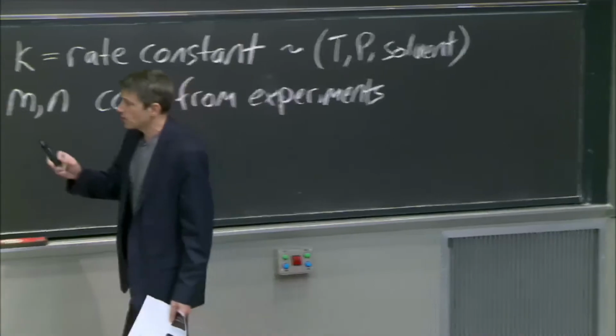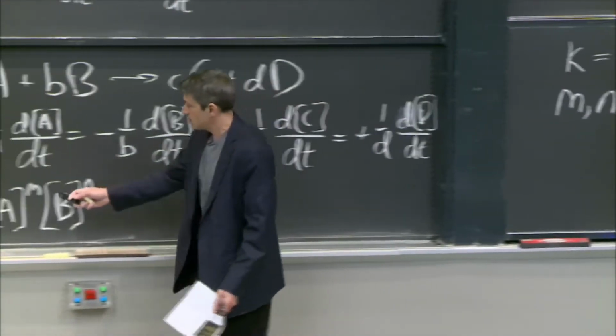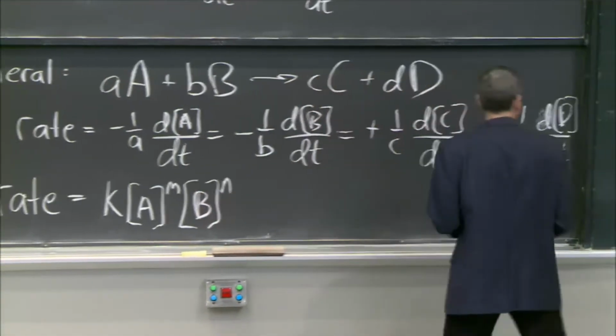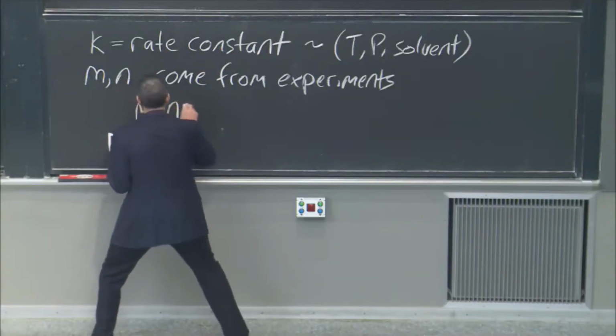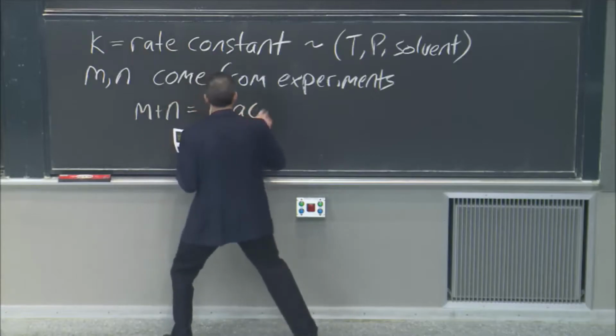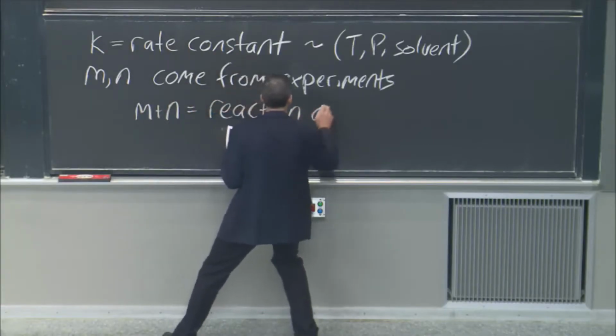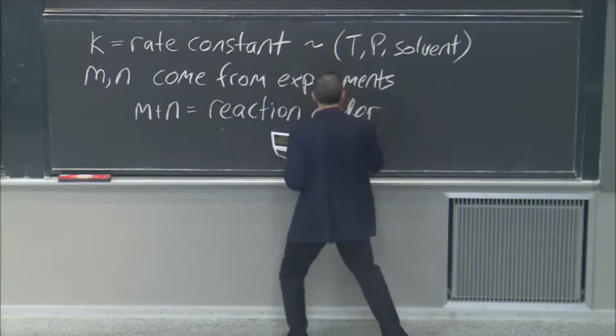But you can't get the rate law unless you do some measurements. Then when you do, you can get the order of the reaction. So this is the reaction order.